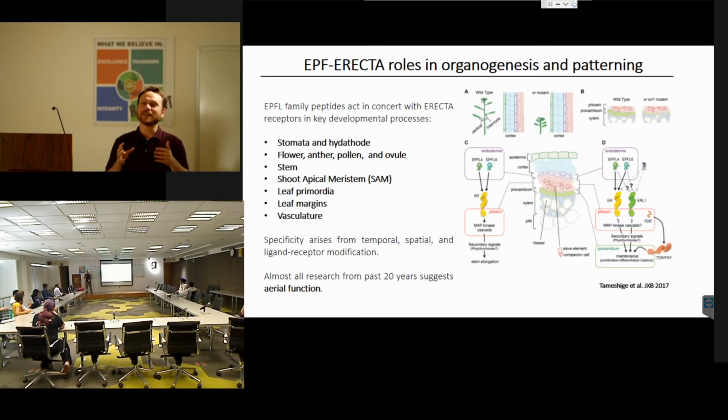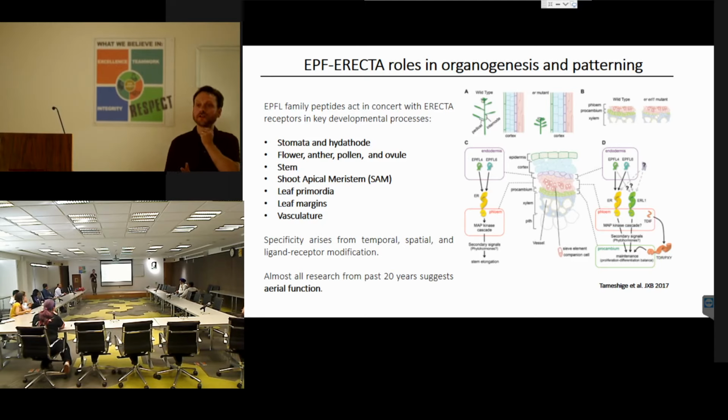So the majority of the transcripts of genes involved in stomatal differentiation are down-regulated because you have fewer cells entering the stomatal fate.